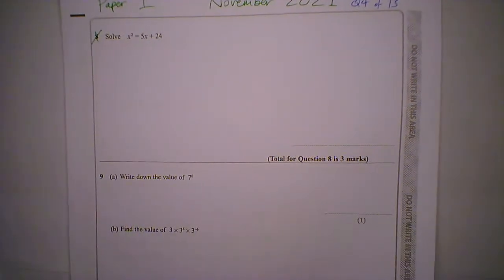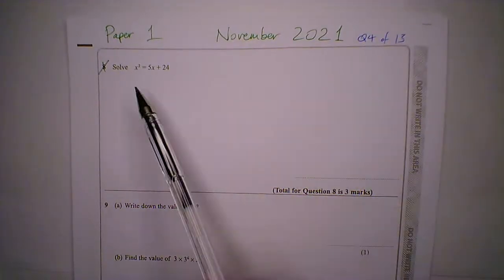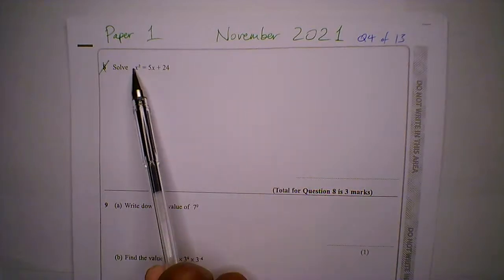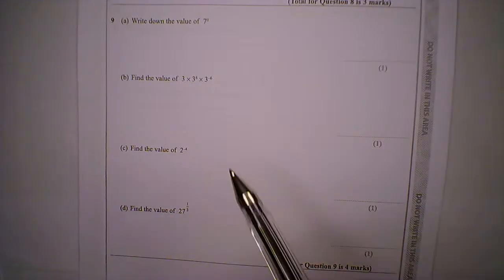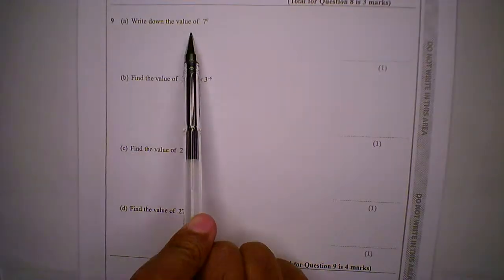Okay, the next question is question number 4 of 13. Again, non-calculator paper from November 2021. We're going to skip question 8 because that's not part of our topic list. Here it is. Press pause and have a go. When you're ready, press play for the answer. Okay, I'm going to read the questions. 9a, write down the value of 7 to the power 0.